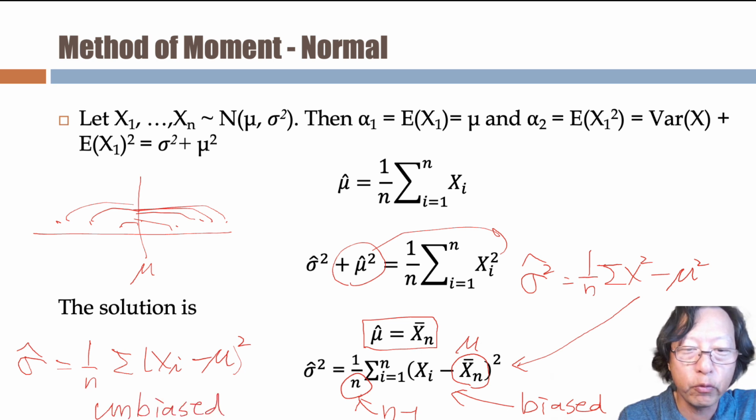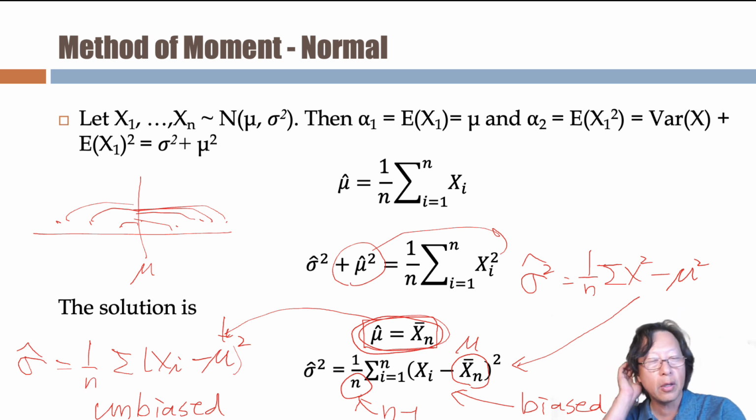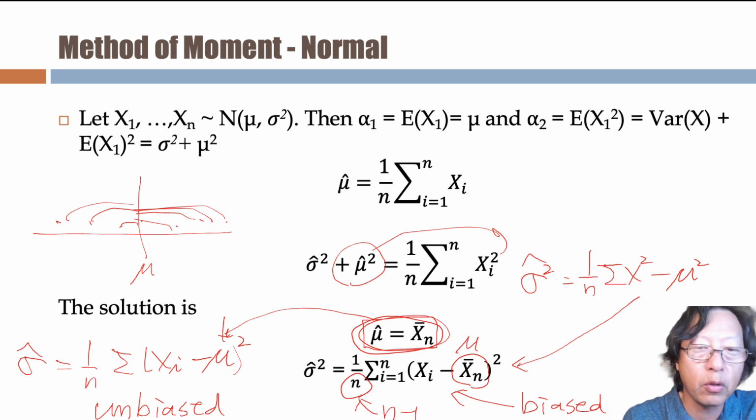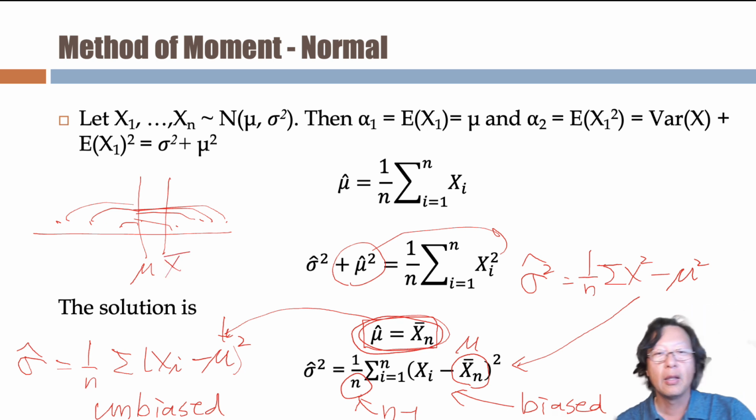But why can we not use it? Because I don't know what mu is. So the only thing we can do is replace this mu with the x bar, which is the estimate of mu. When we replace mu with x bar, because we don't know the exact mu, we will choose x bar somewhere. Then in all cases, the distance will get shorter.